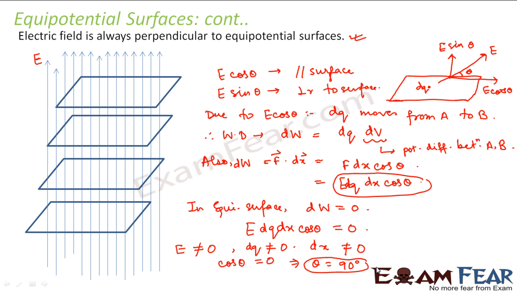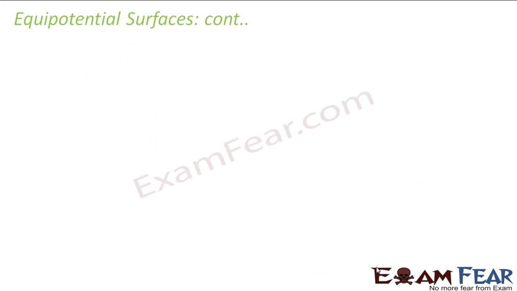So we calculated the work done to take a charged particle from one point to another. Now, we also know that on an equipotential surface the work done is equal to 0. So we equated it to 0 and then we arrived at the conclusion that theta is equal to 90 degree. That is, electric field is always perpendicular to equipotential surface.